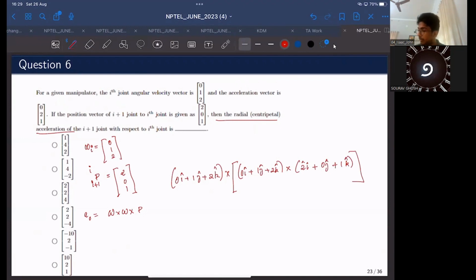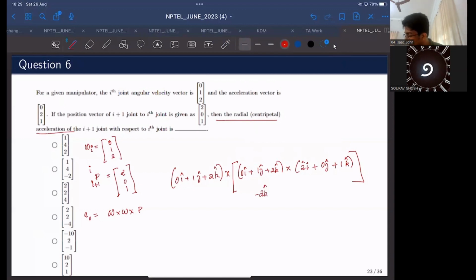So first we'll solve the term that is contained within the square brackets. So what would that be? 0 does not have any components, so this will all be 0. 1j cross 2i would be minus 2k.